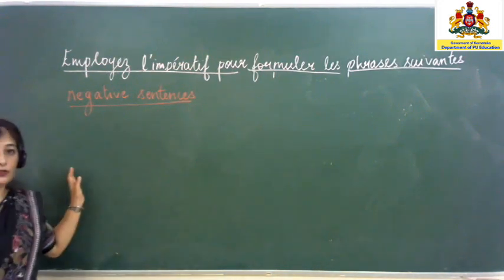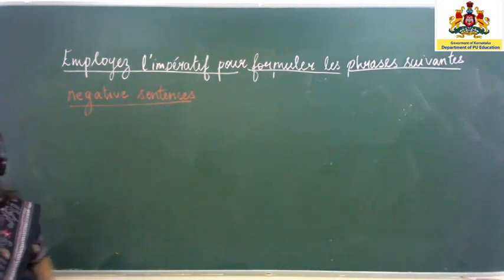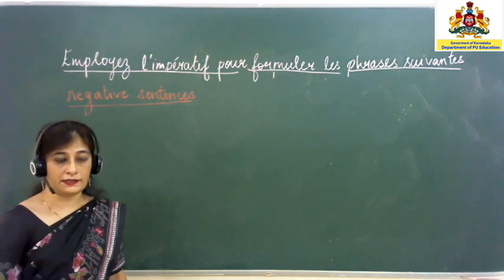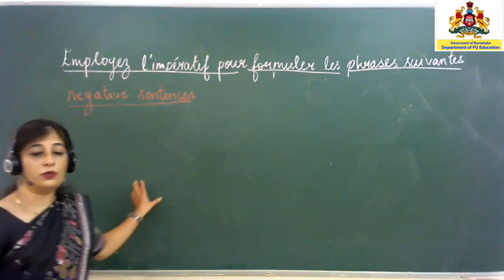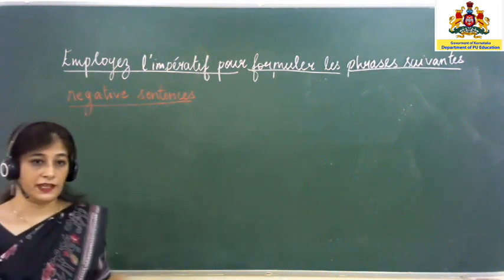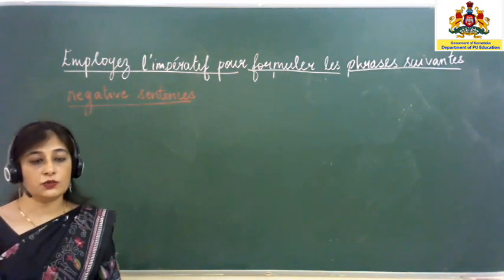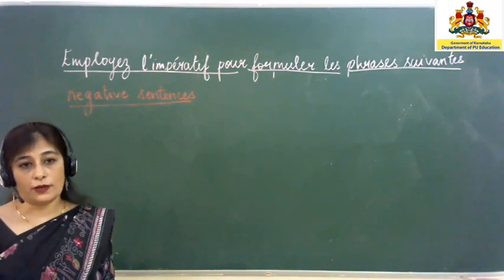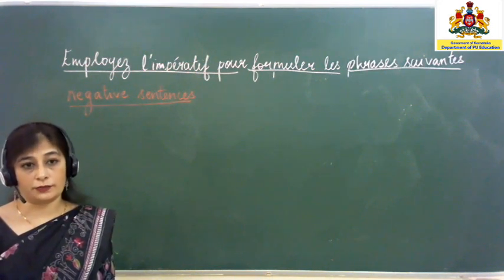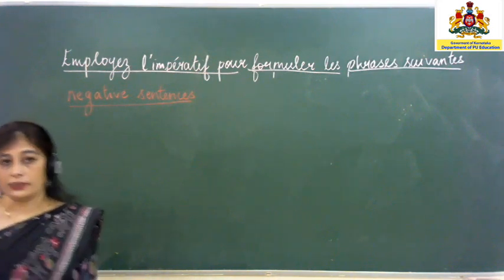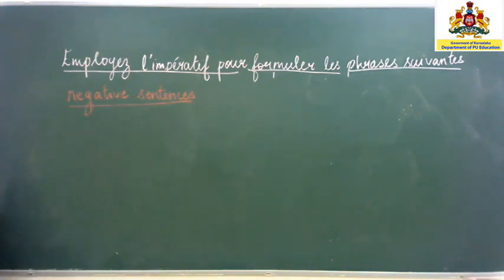Now we are moving on to negative sentences. We are going to see how to do negative sentences. The rules of the first part for a positive sentence remain the same even for a negative sentence, but you need to identify by looking at the question whether you need to answer in the positive form or in the negative form. How do you identify? I will tell you by looking at the question.